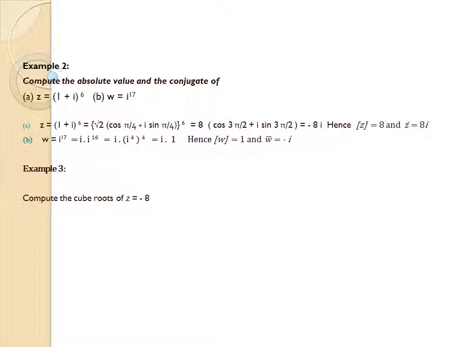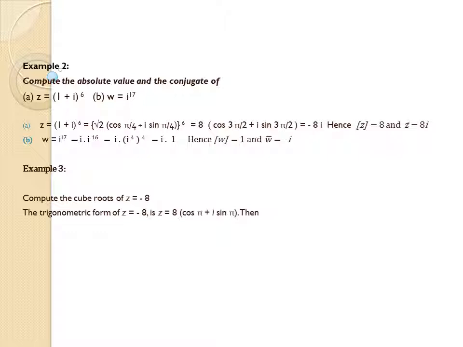Example 3, compute the cube roots of z equal to minus 8. The trigonometric form of z equal to minus 8 is z equal to 8 (cos pi plus i sin pi).